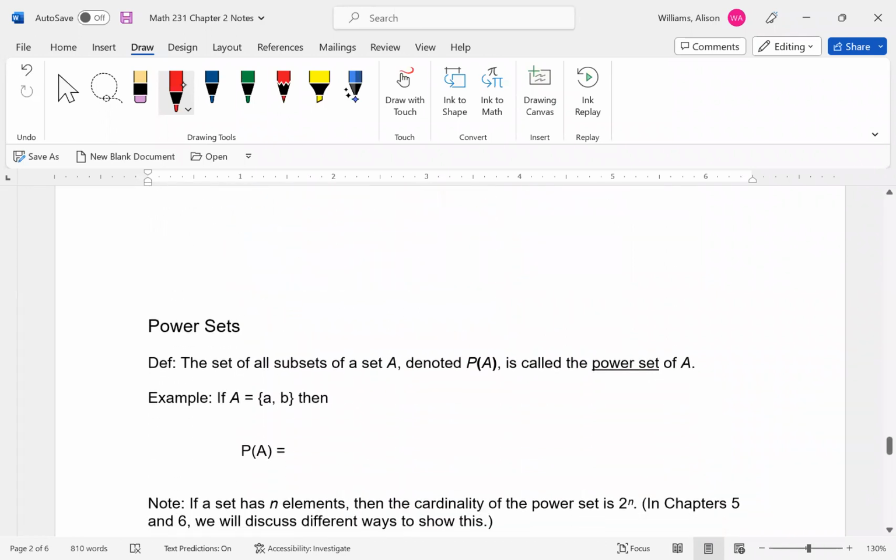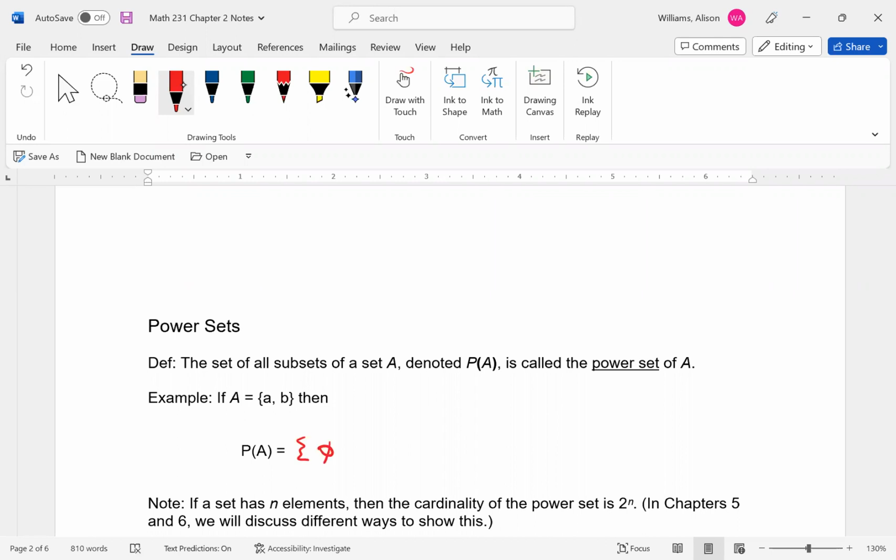Okay, power sets. The set of all subsets of a set A is denoted P of A, and it's called the power set of A. So let's look at some examples of this. If A happens to be 2 elements, it contains lowercase a and lowercase b, then all of the subsets are, well, one possible subset is nothing, the empty set, and that works for everyone.